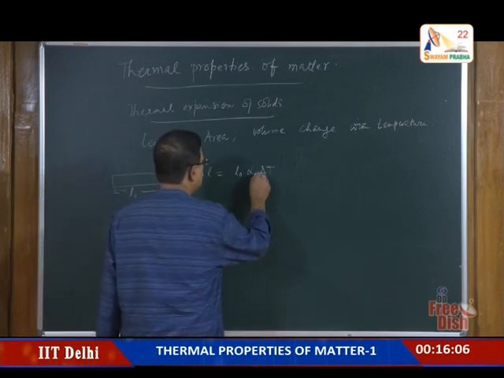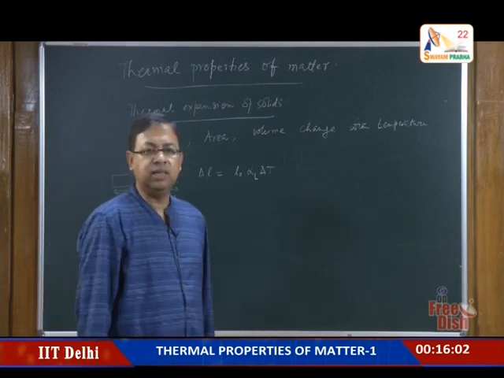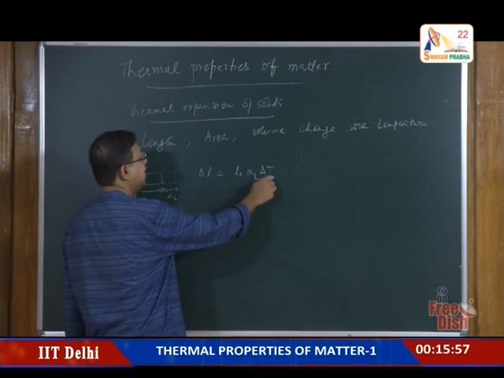Just to make it clearer, we will use alpha L here, since it is a length expansion. So, delta L equals L0 alpha L delta T.